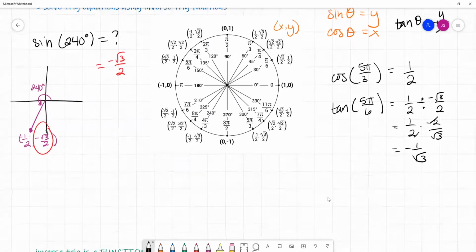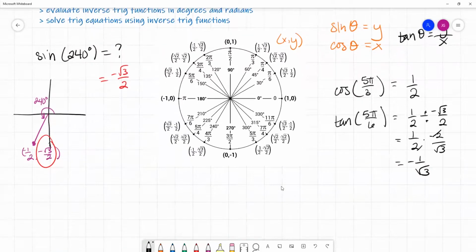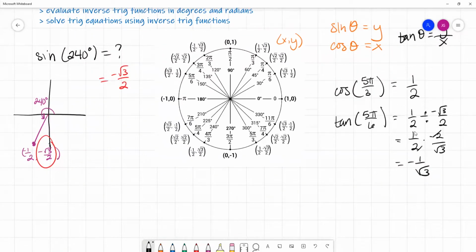So that's what we've been doing for the past section, evaluating these trig functions at these different angles. Now I want to go backwards a little bit. Here I have that sine of 240 degrees is equal to negative rad 3 over 2.